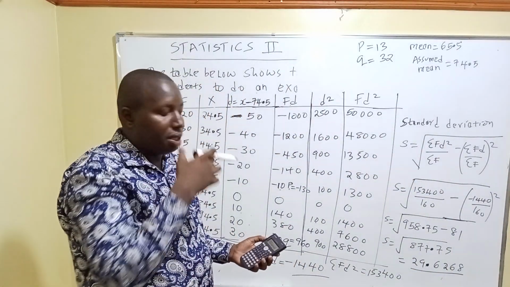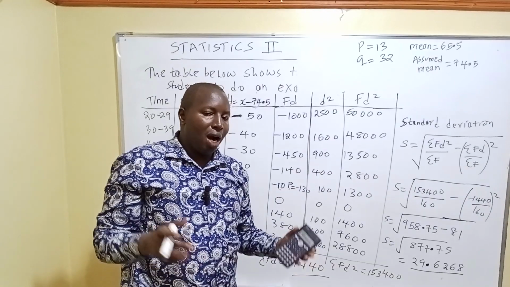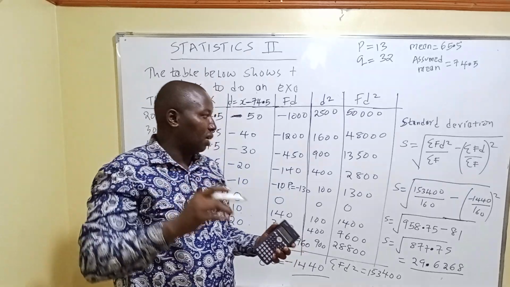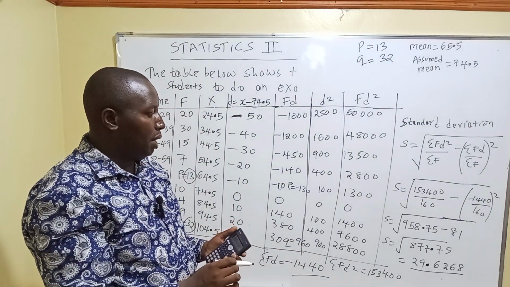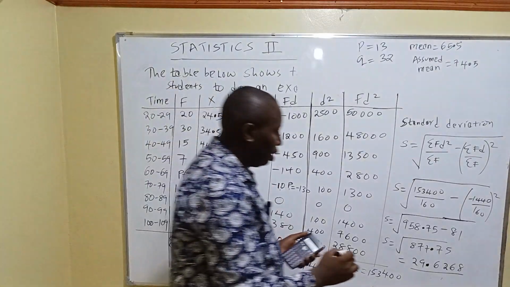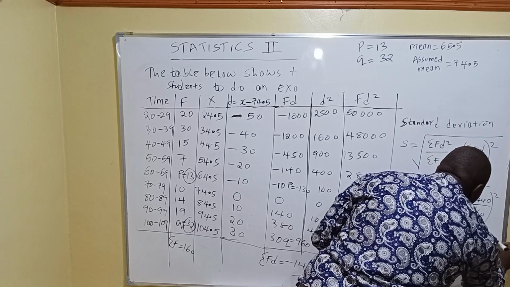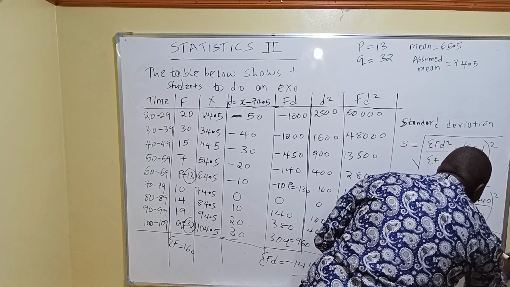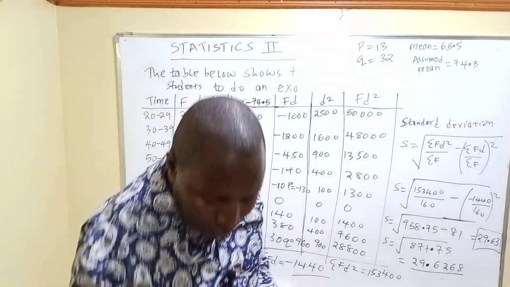Leave your answer to 4 significant figures, it will be 29.63. So the final answer there is 29.63, and that one is the standard deviation.